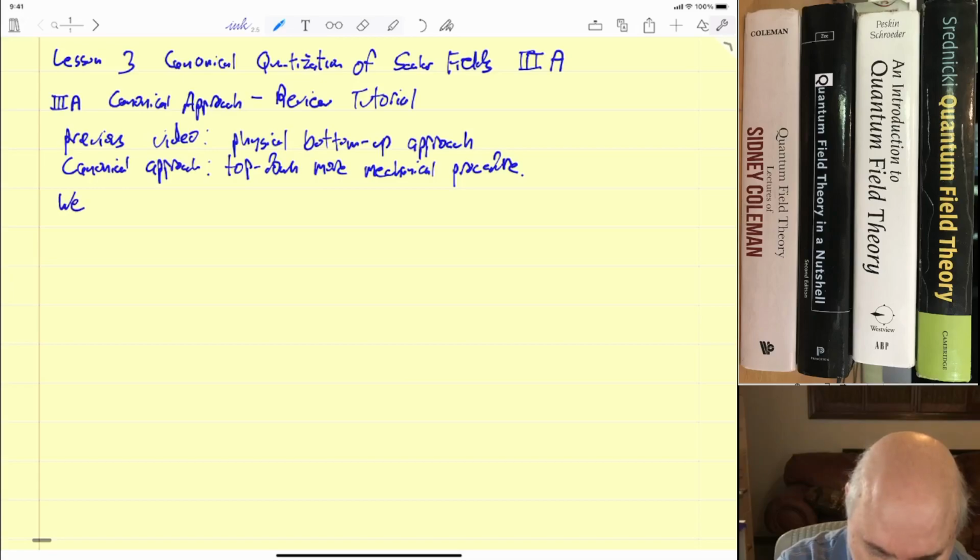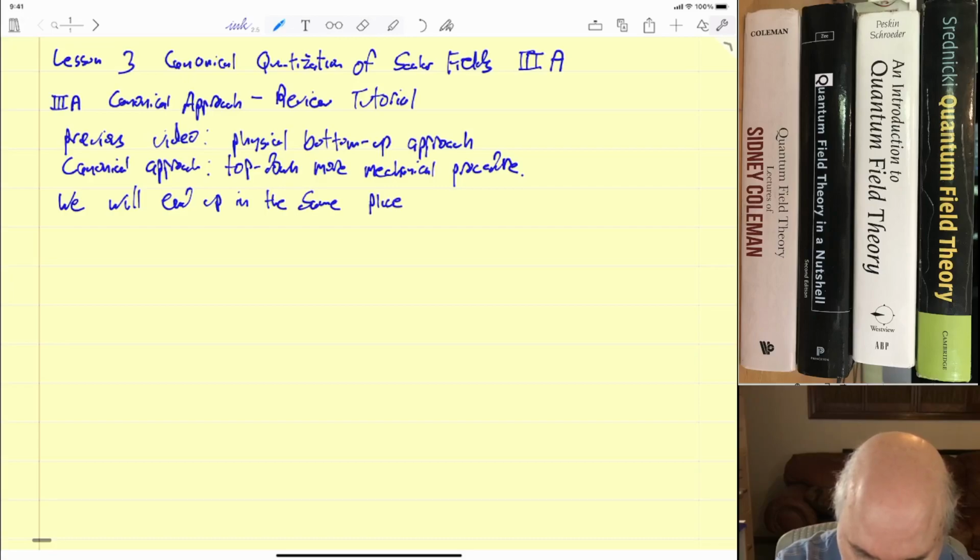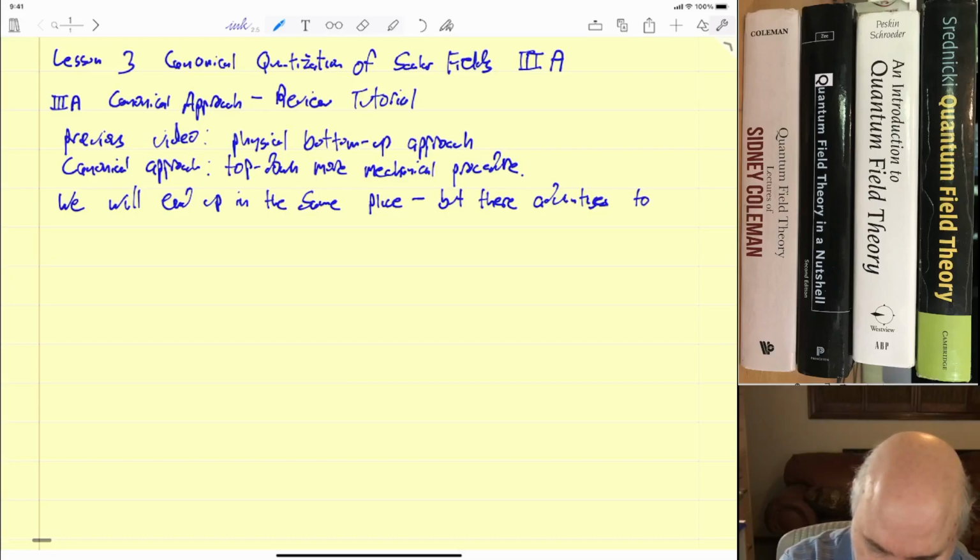We will end up in the same place. But there are advantages to the canonical approach.